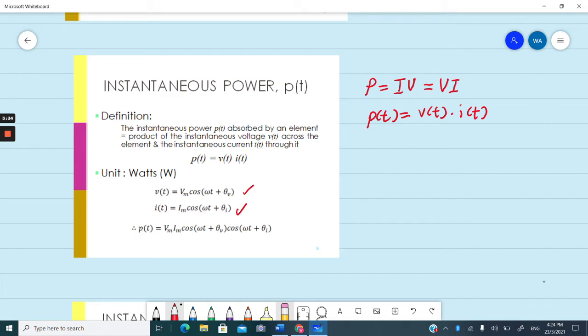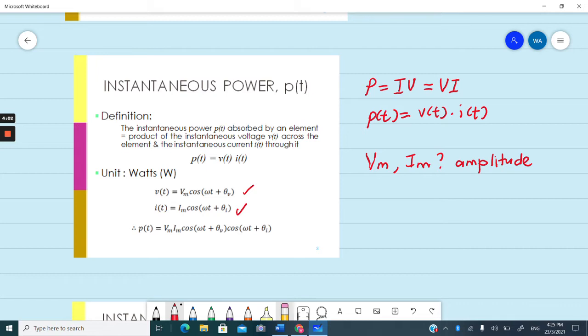Okay, so what are Vm and Im? As you learned before, Vm and Im are the amplitudes. We will not deal with the voltage in RMS first, so we call it amplitude voltage.